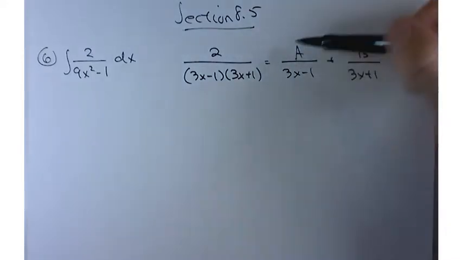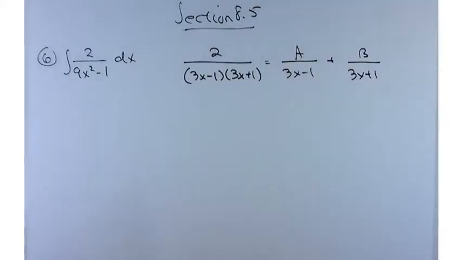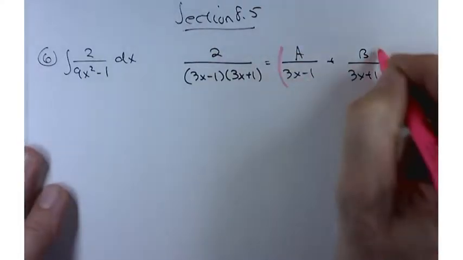So we've got a linear term in the denominator for each of these terms here. The goal for us is going to be to figure out what the values of A and B are that make this true. There's a couple ways you can solve this, and at least in this first one I'll show you both. You do kind of need to know both, although we're not always going to use both.